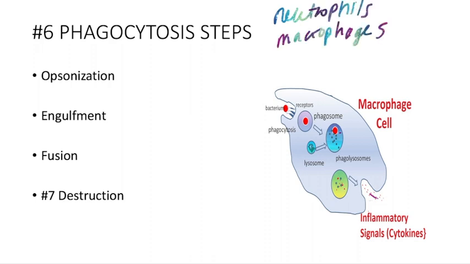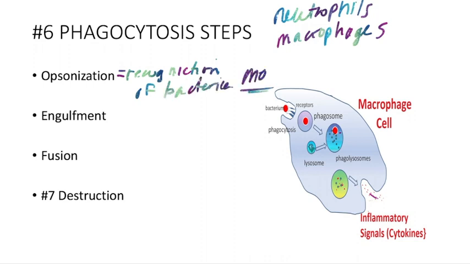So we have opsonization, which is recognition and attachment of the particle to be ingested by the phagocytic neutrophil or macrophage. So this is basically recognition of the microorganism. Engulfment is bringing in, and then we create that phagosome.